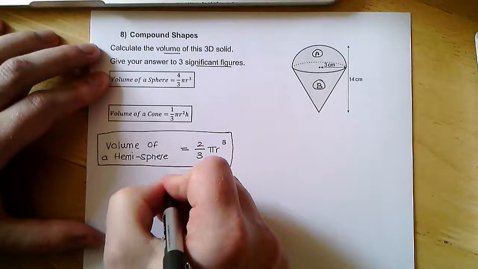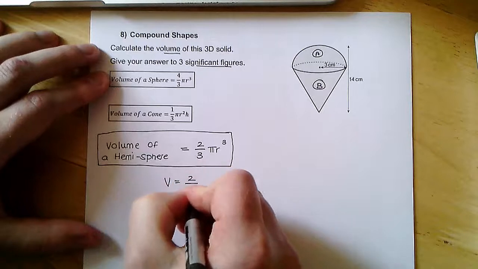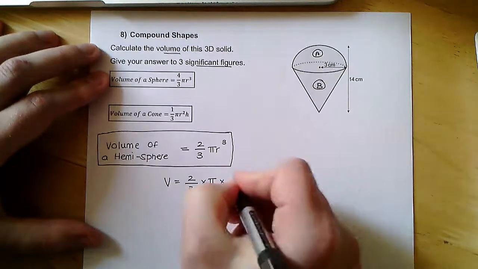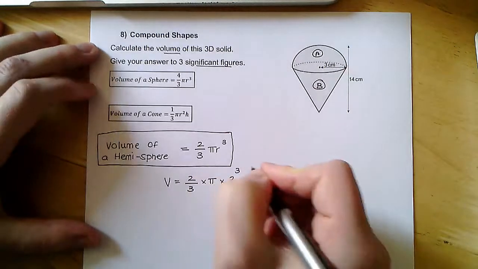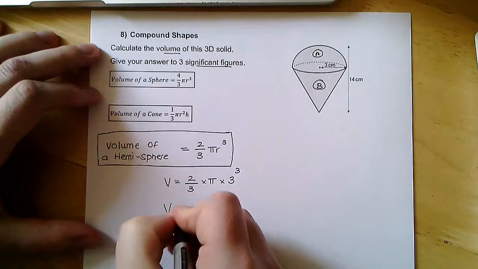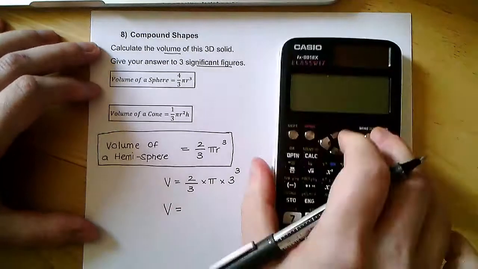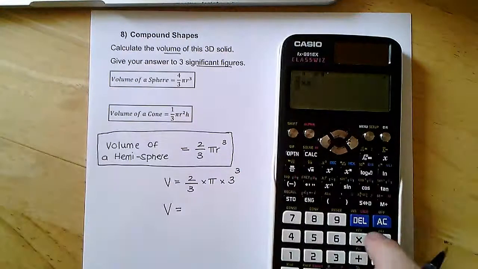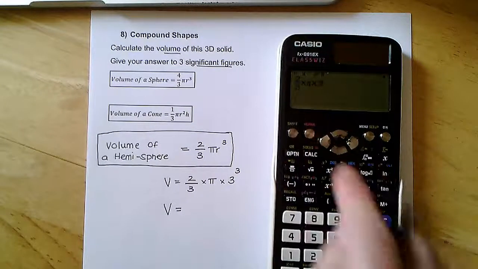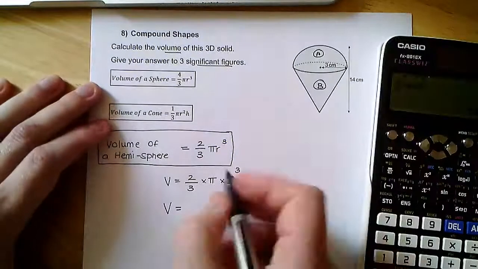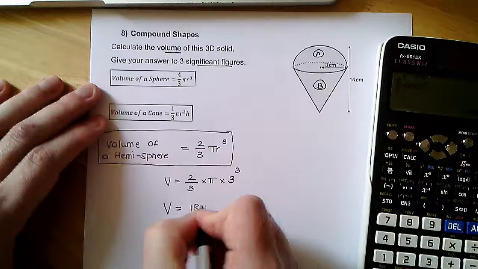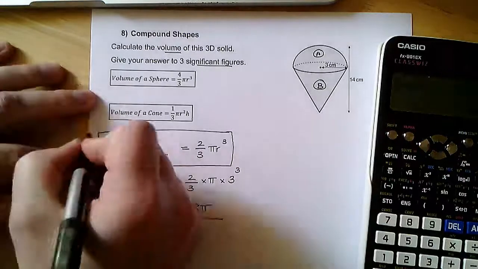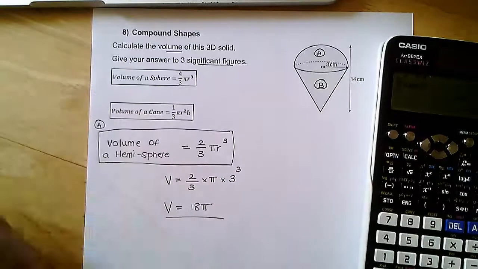So that volume is going to be 2/3 times pi times the radius, which is 3 cubed. So the volume is 2/3 times pi times 3 cubed, which is 18 pi. Don't round yet. So that was for the hemisphere.